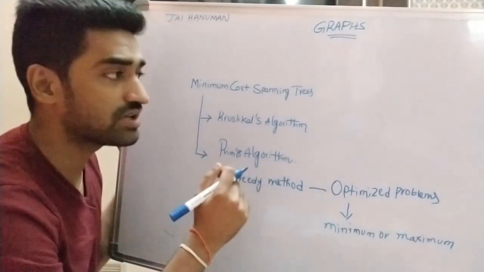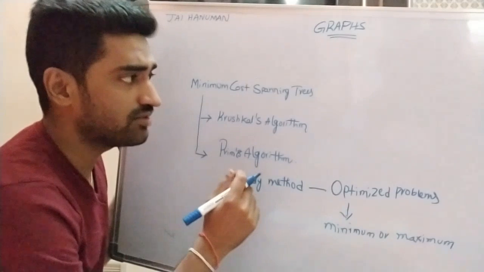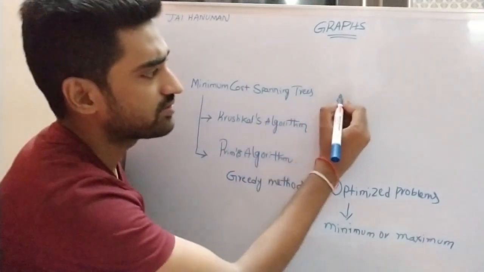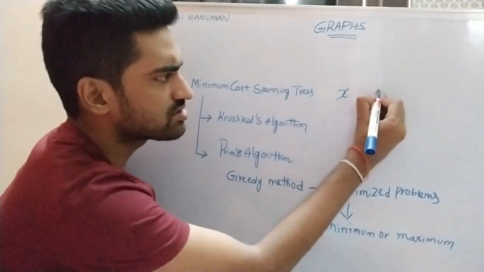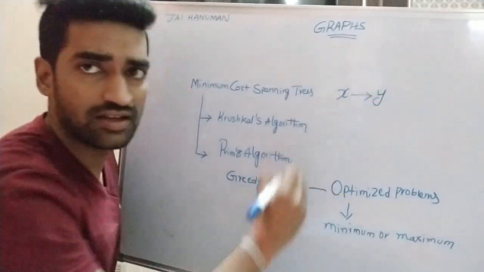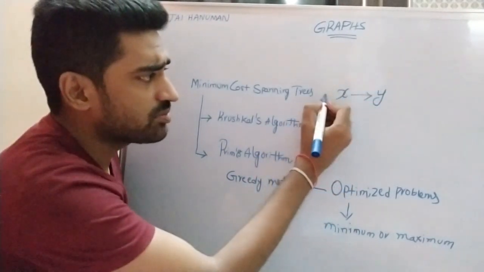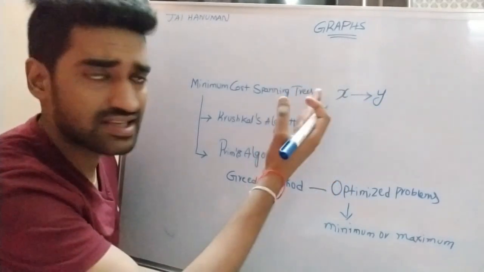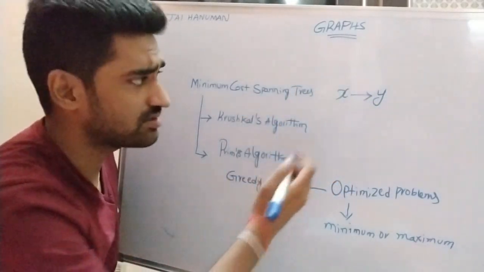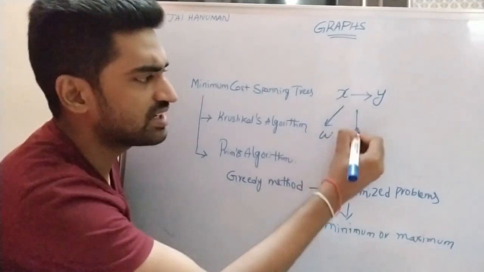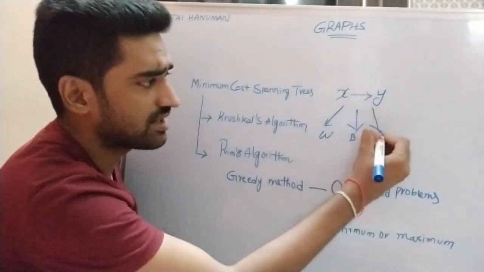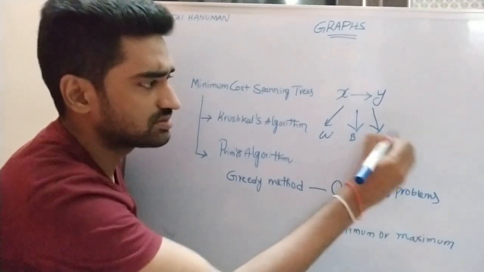Suppose I am taking one example problem. Suppose I am traveling from location X to location Y. This is our problem. For this problem, there are several possible solutions. Suppose I can travel by walk, by bus, or by train.